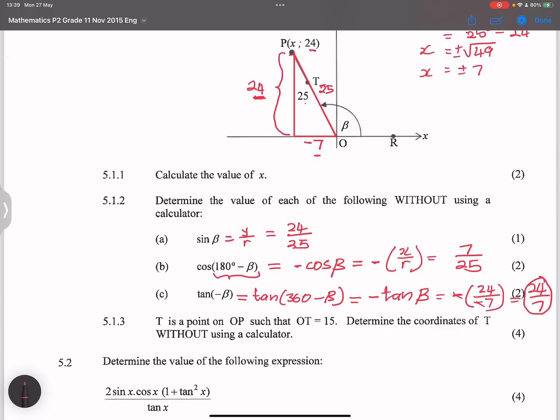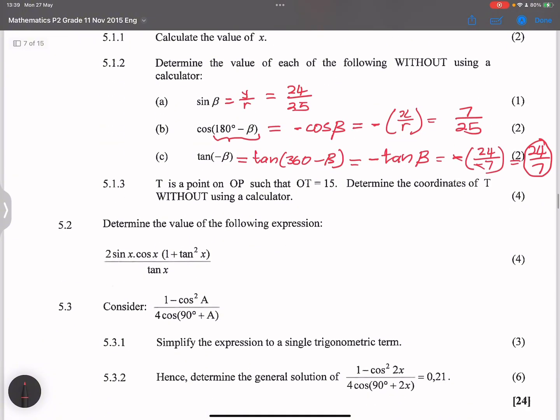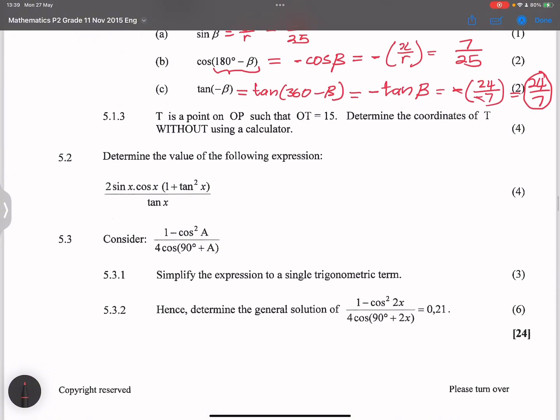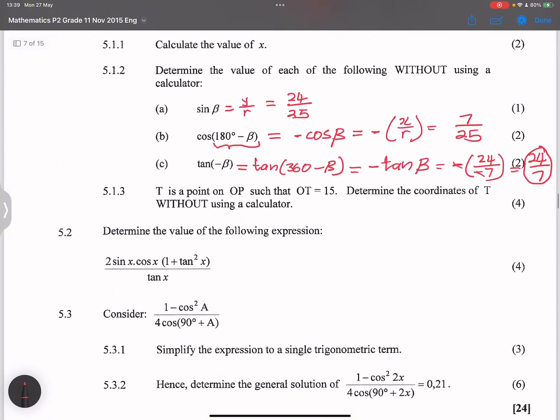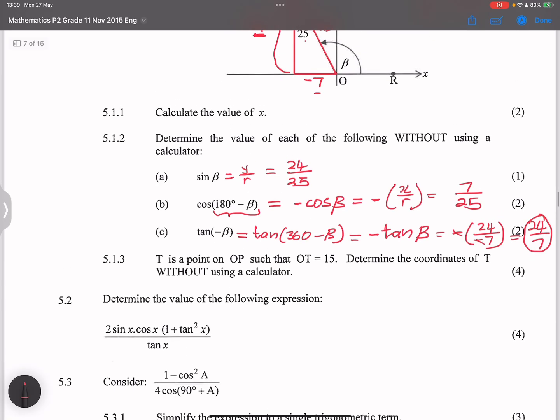All right, ladies and gents, as we're moving right along to the next one, they say T is a point on OP such that OT is equal to 15. Determine the coordinates of T without the use of a calculator. So let's see.